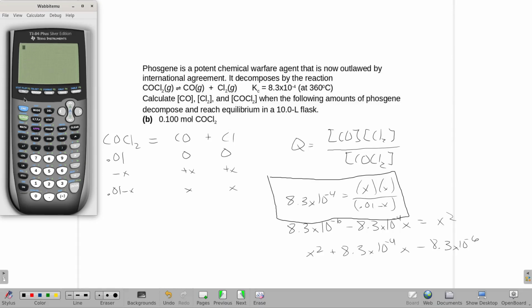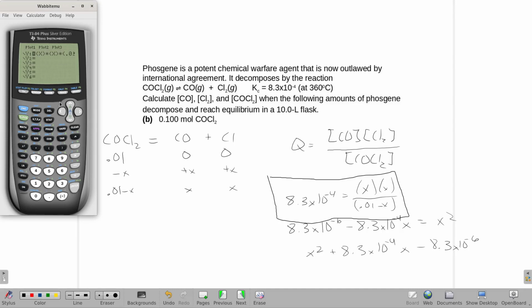So clear that out. Y equals, I'm going to put this in just like it says, x times x times, oops, another set of parentheses, 0.01 minus x to the negative 1. So that's this whole fraction. Now I'm going to move this over. Minus 8.3 times 10 to the negative fourth.